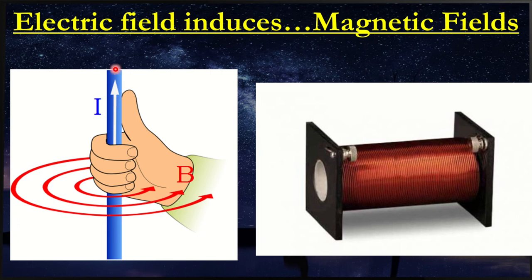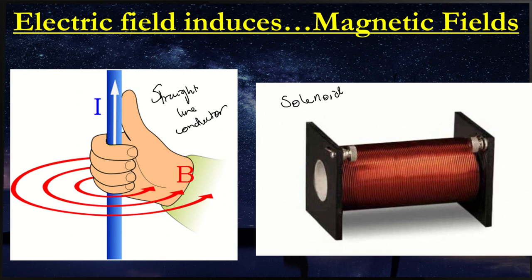We're going to look at how to represent magnetic field lines going through a straight line conductor and also through a solenoid. So we have our straight line conductor here, and then we have a solenoid.